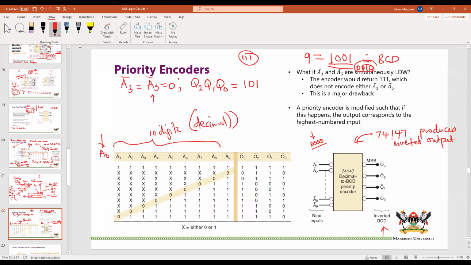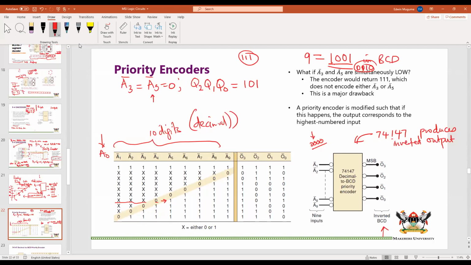If it is A9, all the lower ones, we don't care what they are. If it is A8, A7 to A1, we don't care. If it is A4, like in this case, we don't care what A3, A2, A1 are, because they cannot override that. However, we care what the higher ones are, and in this case, we need to make sure that they are in their inactive high states.